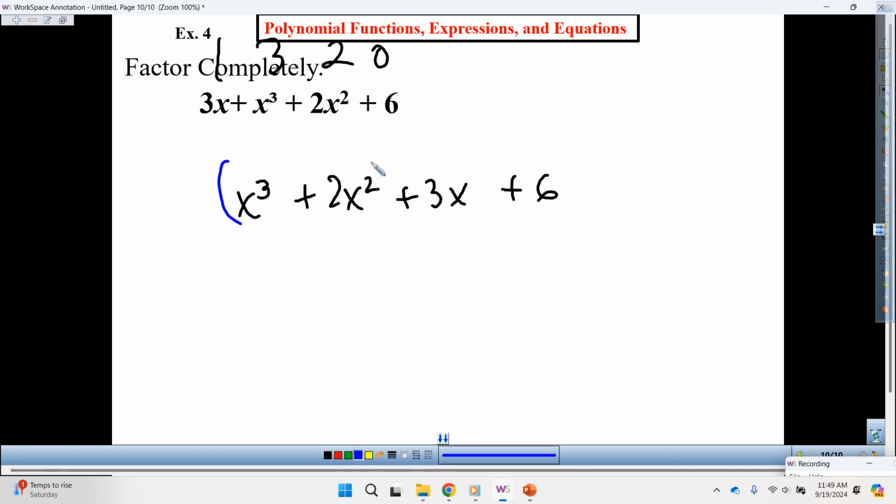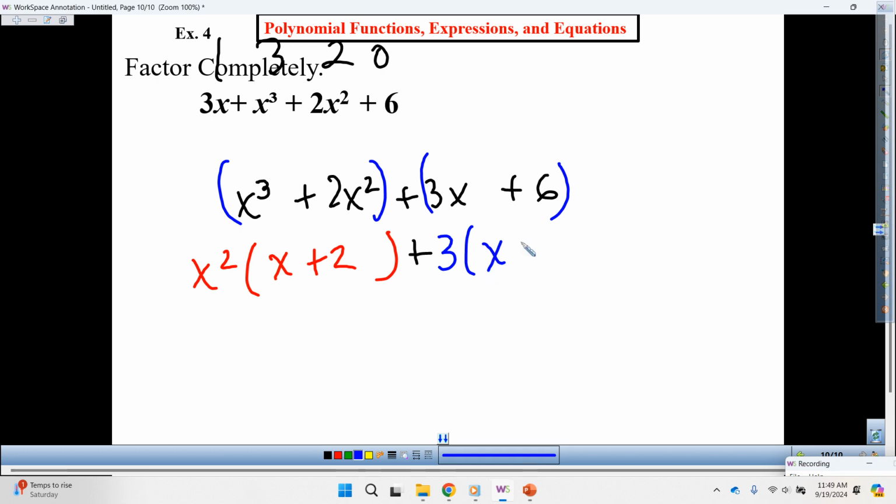Group the first 2 and group the second 2. Let's look at the first 2. What would be GCF for these 2? Tell your neighbor, GCF. X squared, that is correct. And that leaves us with x plus 2. Plus, what's GCF for the second 2? GCF? 3, that is correct.